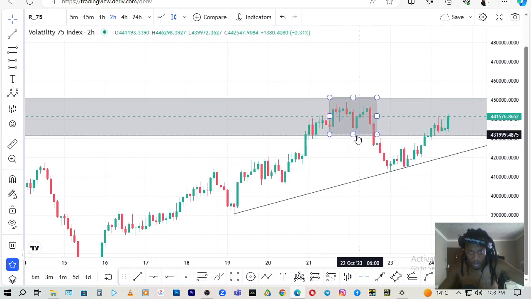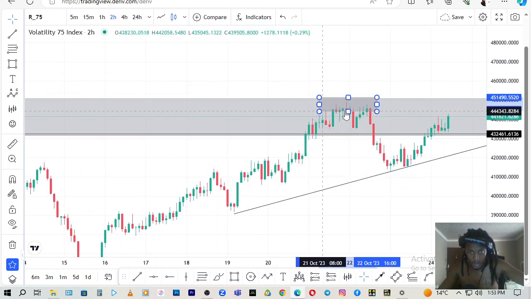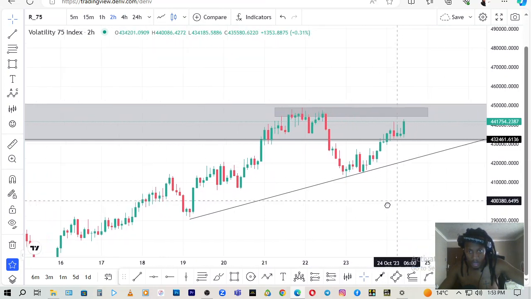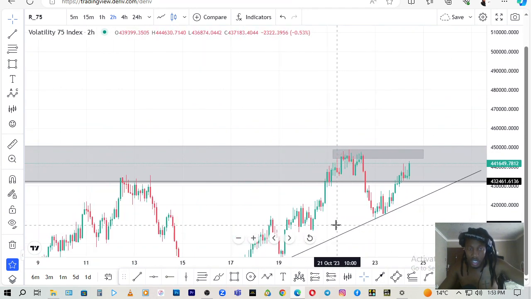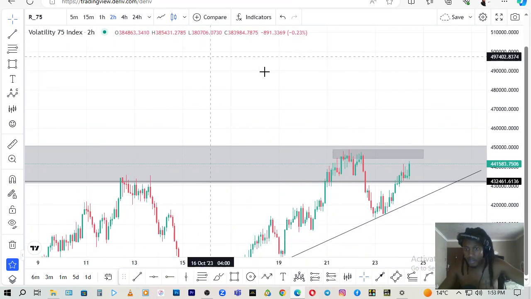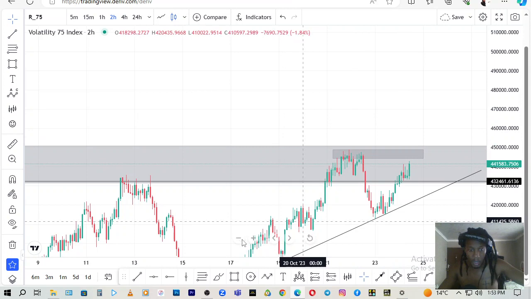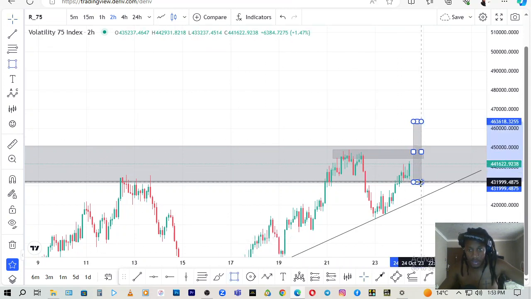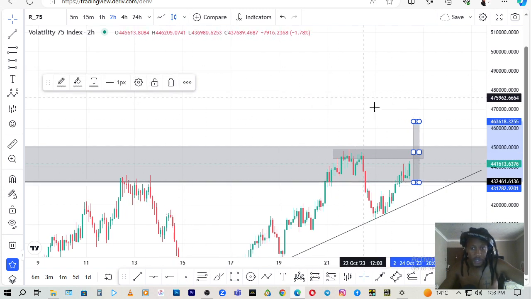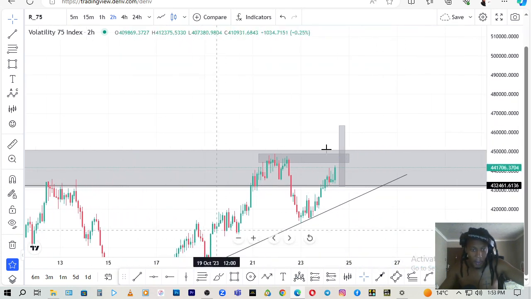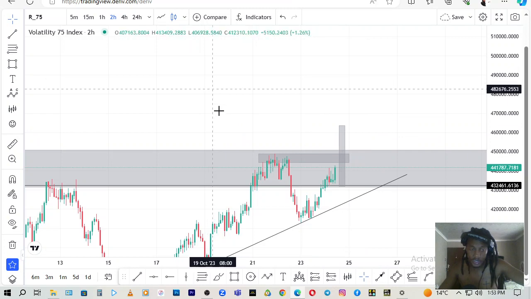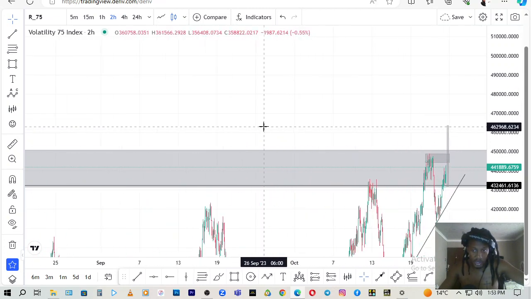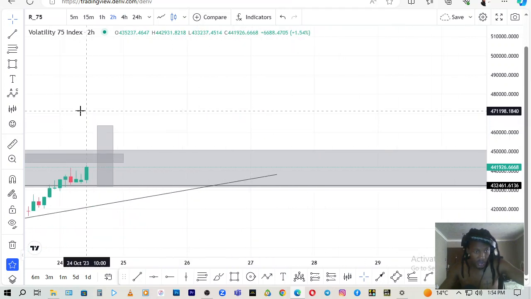So if ever we break above this level, it's now clear. If we break above this level, we're no longer in the consolidation phase on the daily. If our daily closes with a strong engulfing candle above this level over here, then I don't think we're still in the consolidation phase.